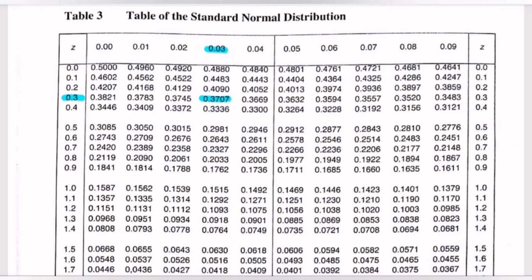Next is to find 1.33. Here we have 1.3 and 0.03, so here we have 1.33, with the value 0.0918.